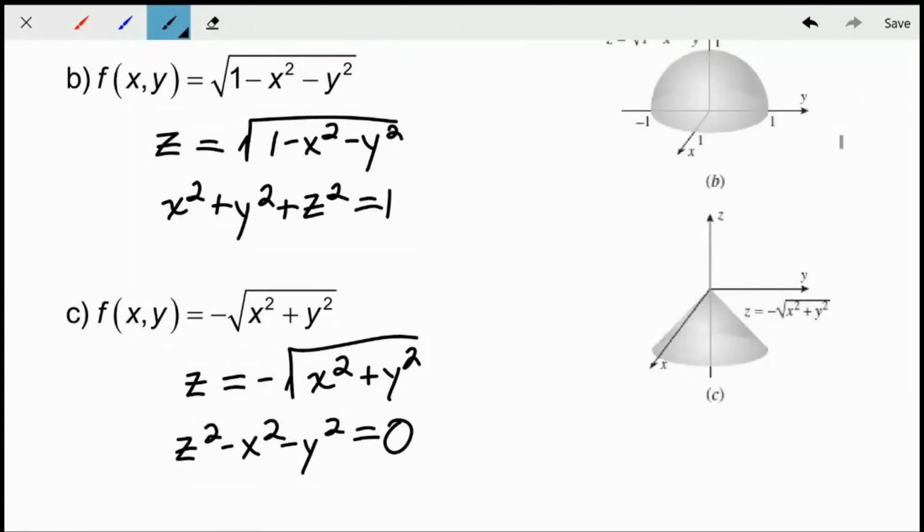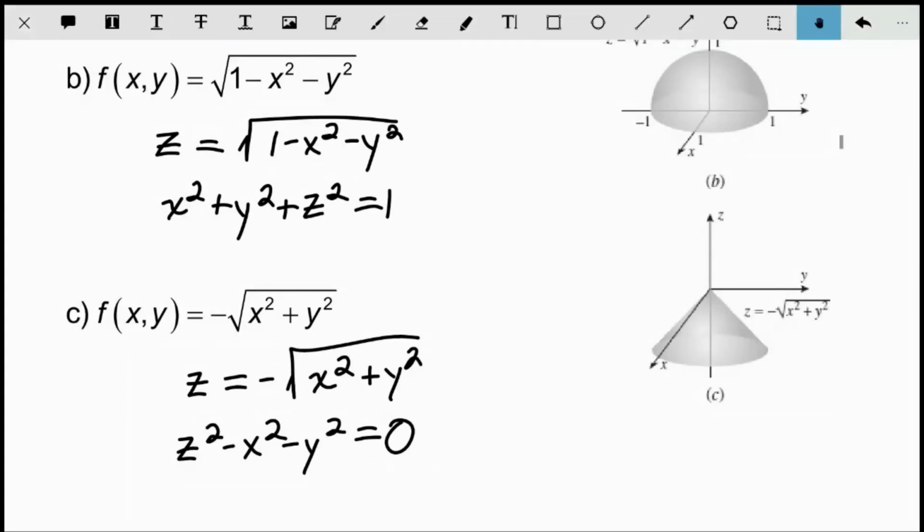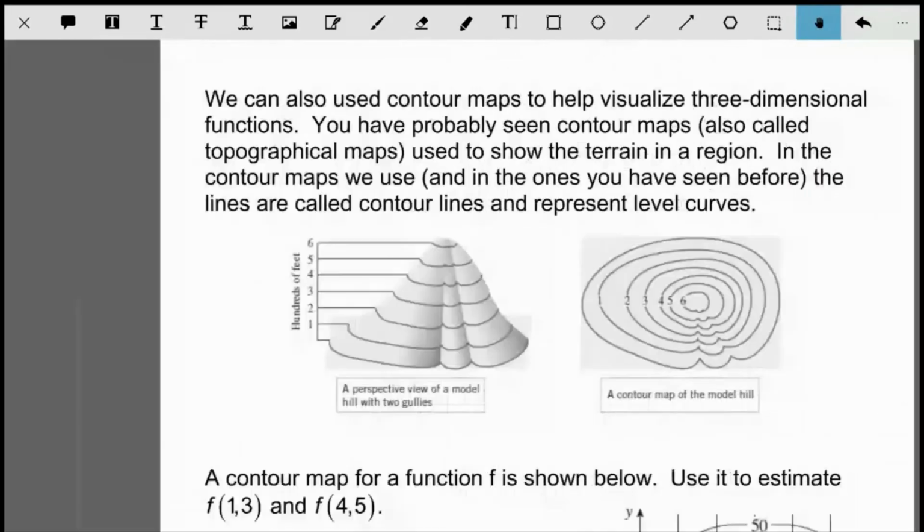For example, in the zx direction, the zy direction, you could get specific with that if you wanted, but the main thing would be just say it's a cone with its vertex at the origin opening down. Okay, so not really that difficult to do. The biggest thing when you work through the assignment here is going to be getting accustomed to seeing these functions in terms of several variables.